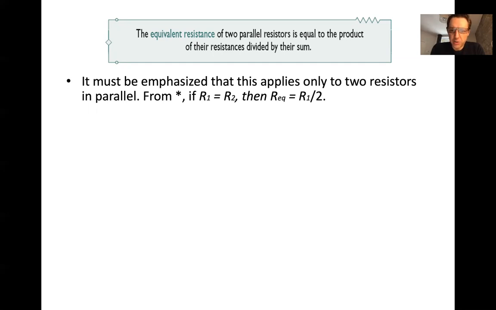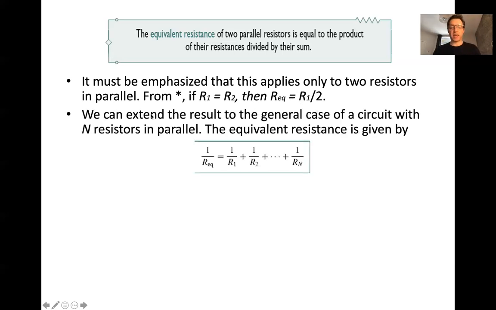So the REQ is product over sum. So 100 over 20, or sorry, 5. And so 5 is less than 10. Like I said, it's always going to be smaller than the smaller number, right? So if the two resistances are equal, then putting them in parallel makes the equivalent resistance equal to a half.